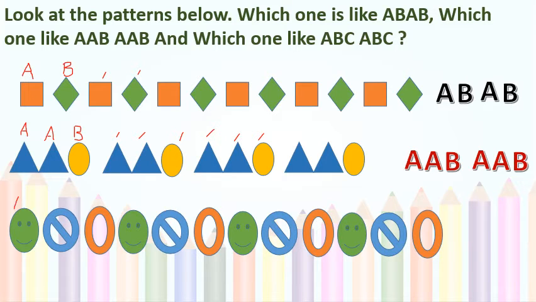Now assume this is A. This is different one, so we will name this as B. This is also different one, so we will give a new name, that is C. Again this green colored face is there, so again it became A. Correct? This became B. So what is the pattern here? That is A, B, C, A, B, C. Isn't it?